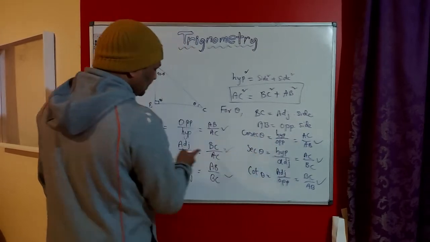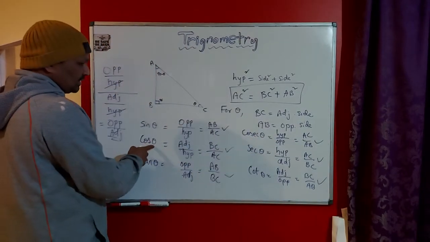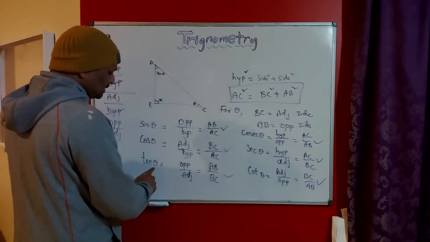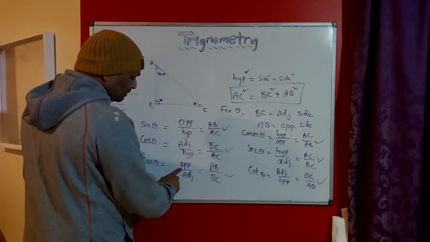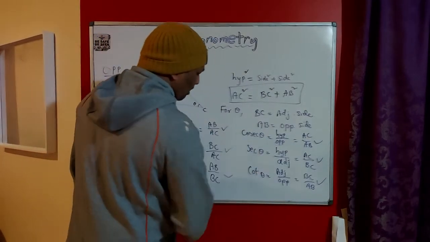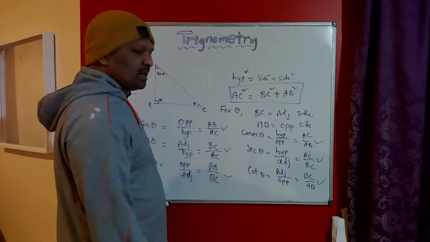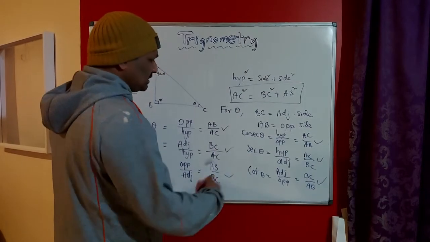Similarly, secant theta is the reciprocal of cos theta, which is hypotenuse by adjacent. Similarly, cot theta is the reciprocal of tan theta, which is adjacent by opposite. So if you know these two ratios, the other ratios are easy to derive and remember.